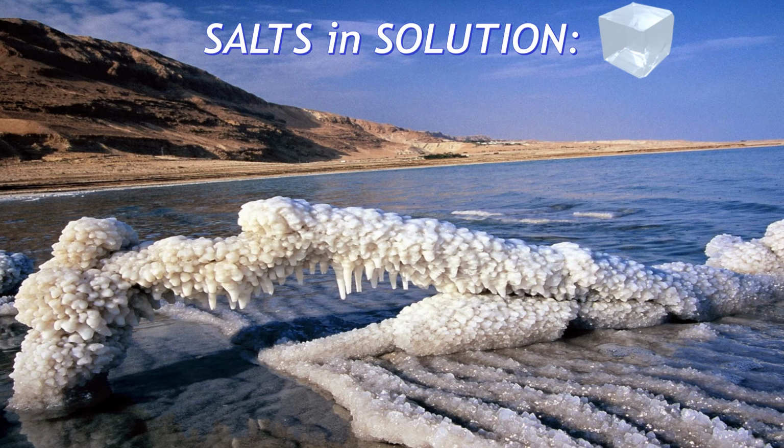Salts, of course, occur in solution, and they can come out of solution. As the solutions evaporate, we can see crystals of salt appear from where there was once a solution. Here, this is a picture taken at the Dead Sea, which is one of several bodies of water on this earth, which are super salty.